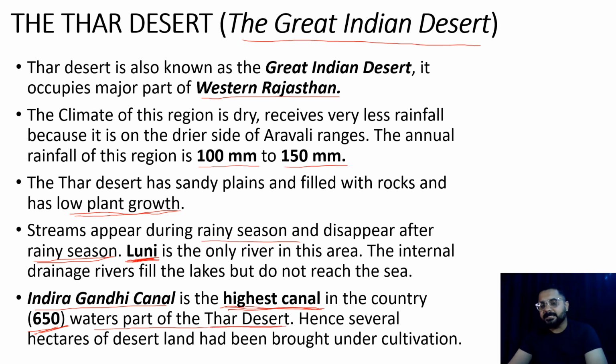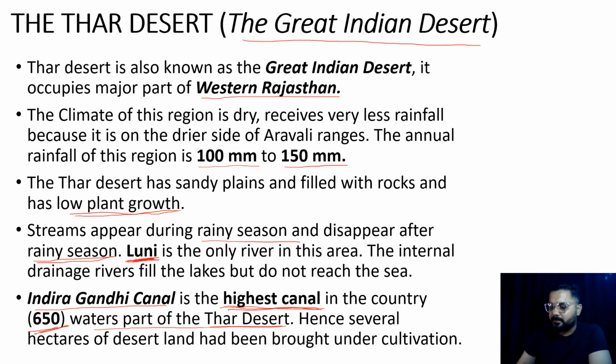Since it is a desert region, people suffer from water problems, and this canal provides water to the drier parts of the Thar Desert. With the help of this canal, people also cultivate their farms, and it supplies water to the various crops that are cultivated in the desert regions of Rajasthan.